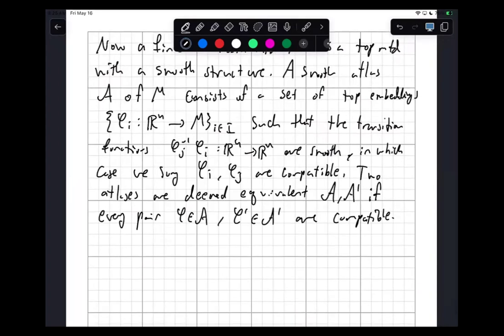Okay. So a smooth structure is an equivalence class of atlases under this equivalence relation.